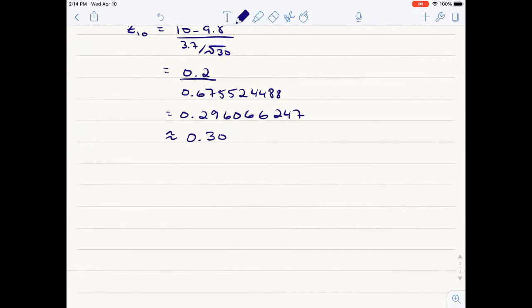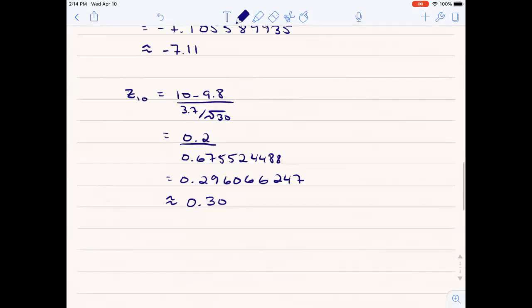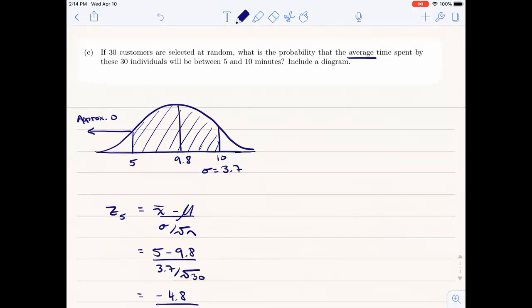If we use the Z table, we've got a positive value of Z. That's the positive side. And just to jot it down here, I'll put it on this graph. And then I'll write my blurb later. So 0.30, the area to the left is 0.6179.